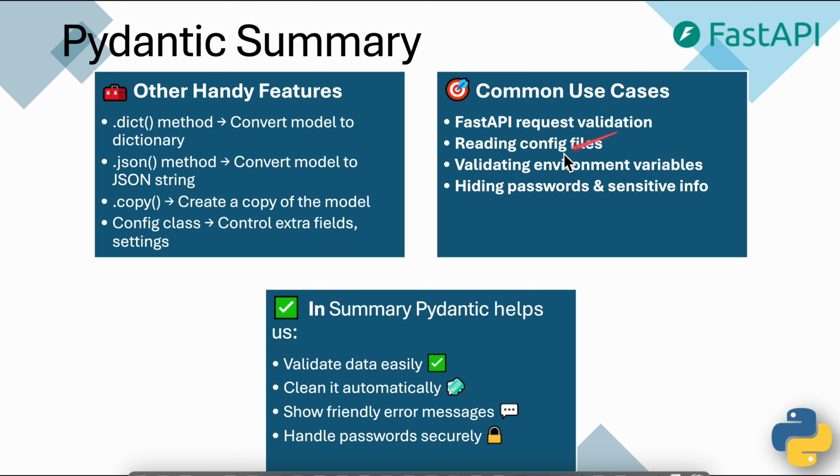Common use cases: FastAPI request validation, reading config files, validating environment variables, hiding passwords and sensitive info. In summary, Pydantic helps us validate data easily and cleans it automatically, shows friendly error messages, and handles passwords securely.